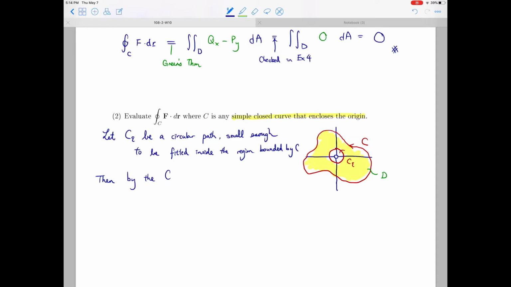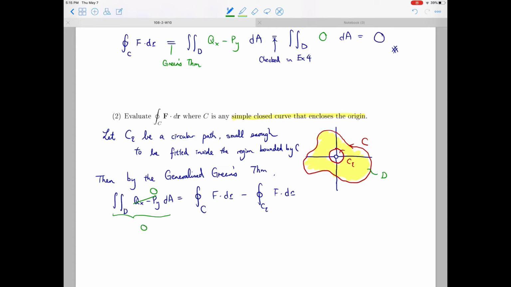By the generalized Green's theorem, the double integral of Qx minus Py dA equals the line integral over the outer boundary, which is C, of f dr, minus the integral over the inner boundary, which is C epsilon, of f dr. And the good news is that the double integral is 0, so the whole thing becomes 0.